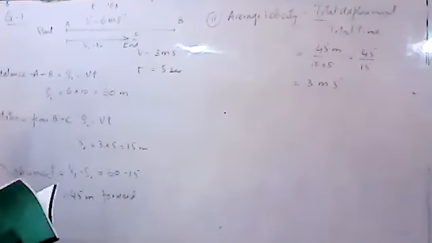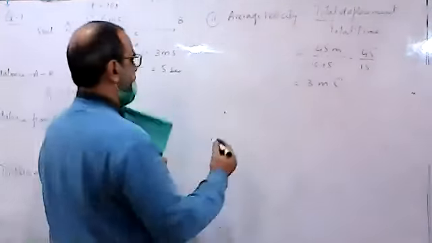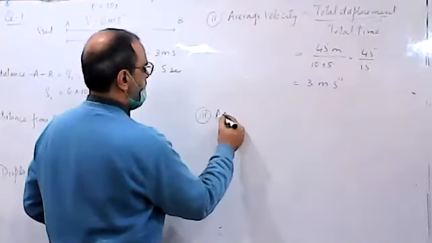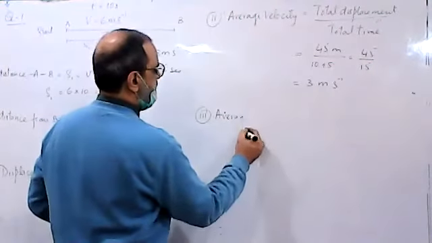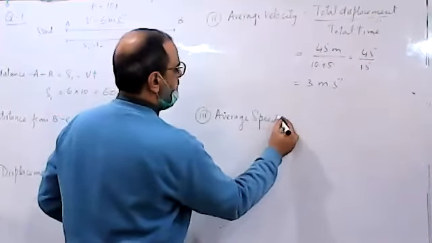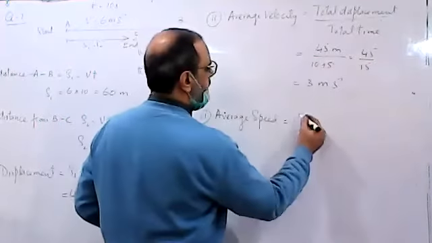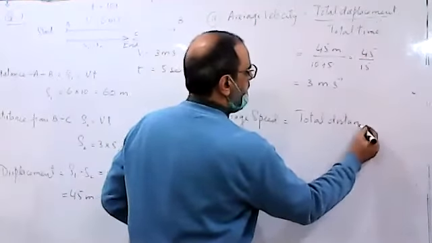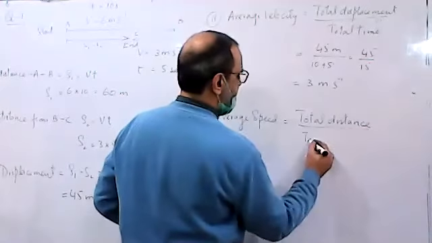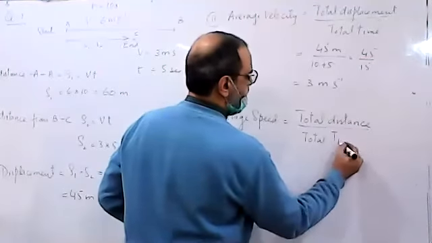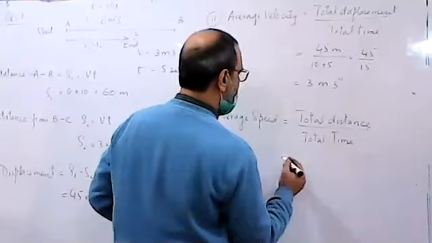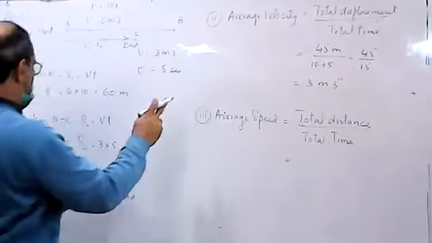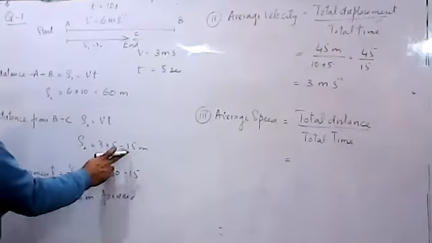Then he says find average speed. For average speed, we have total distance by total time. So total distance will be S1 plus S2.